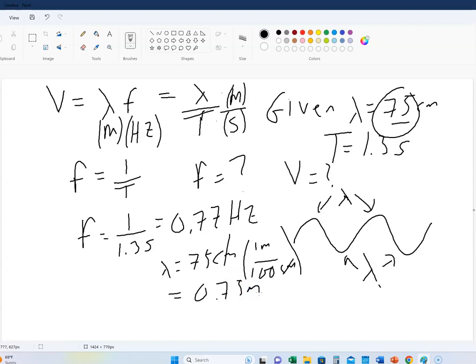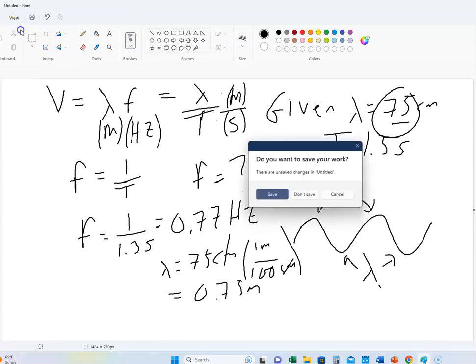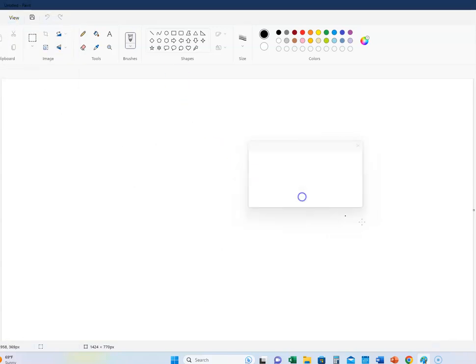So lambda is 0.75 meters, and the period T is 1.3 seconds.